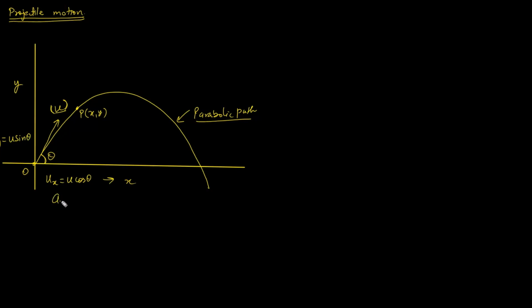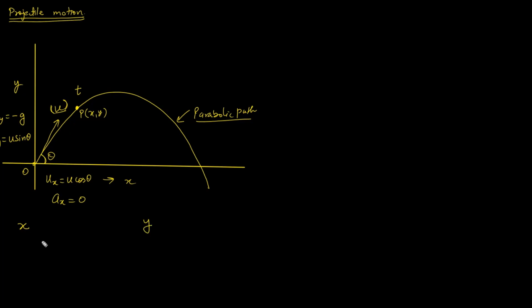Now, acceleration along x-axis will be 0, while acceleration along y-axis will be minus g. This is the position of particle P at time t. So, I will use the second equation of motion. We will separate the motion in two parts, along x-axis and along y-axis.